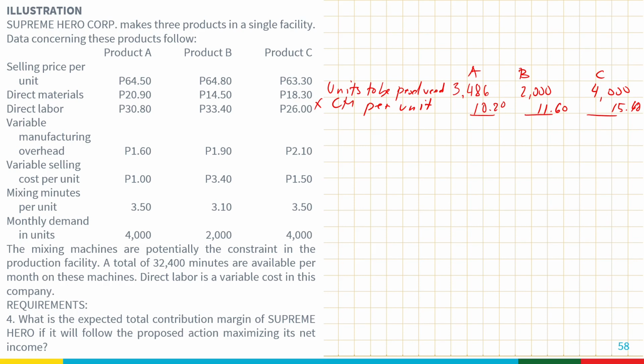So, multiply na natin. 3,486 times 10.2. That's 35,557. 2,000 times 11.6. 23,200. 4,000 times 15.4.